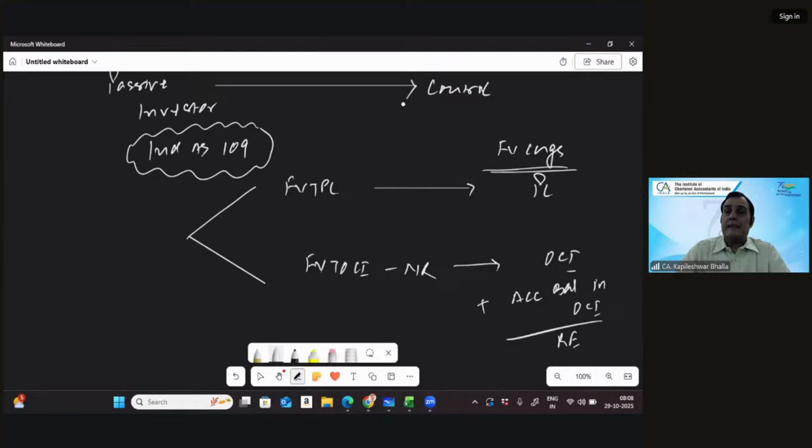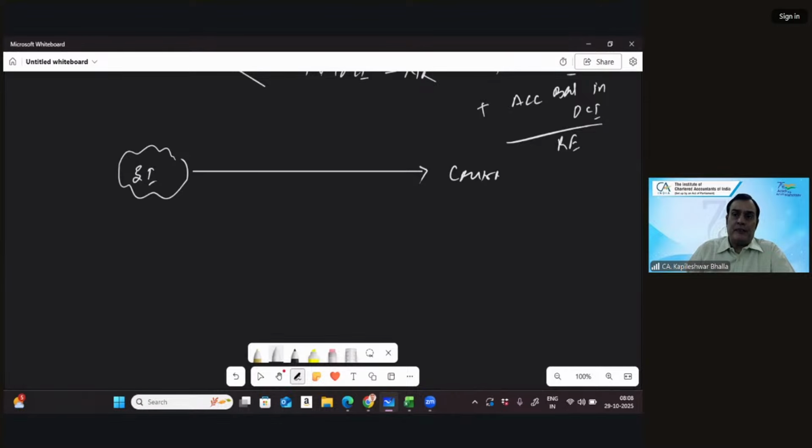Wonderful indeed. Now we go to the next input. The next situation is a conversion from a significant influence to a case of control. So you were having a significant influence over the investee, and now you achieve control in this particular case.